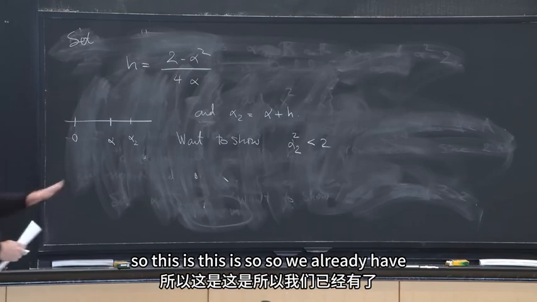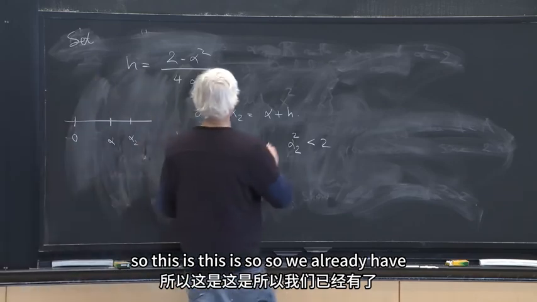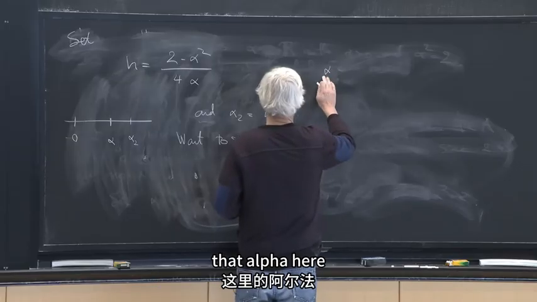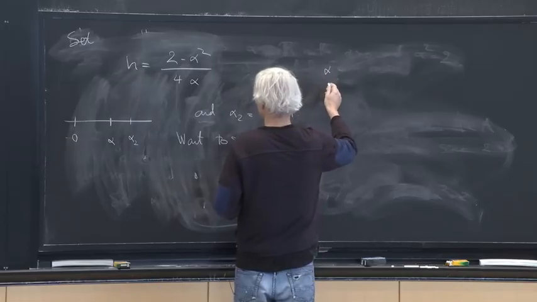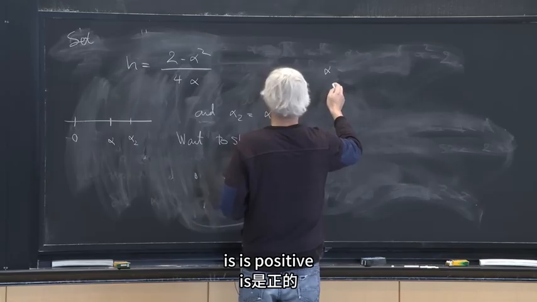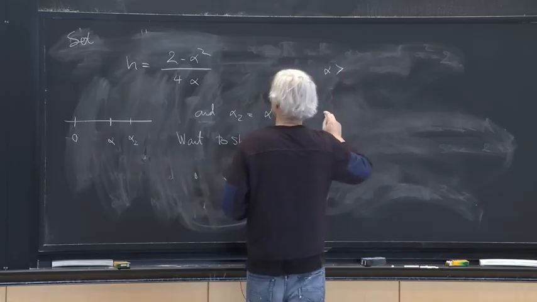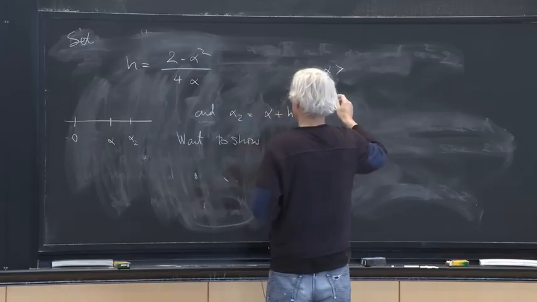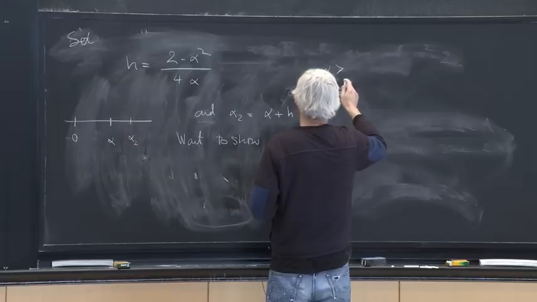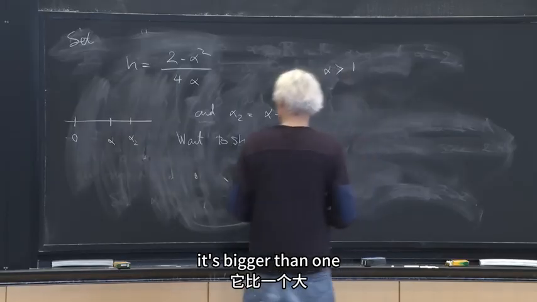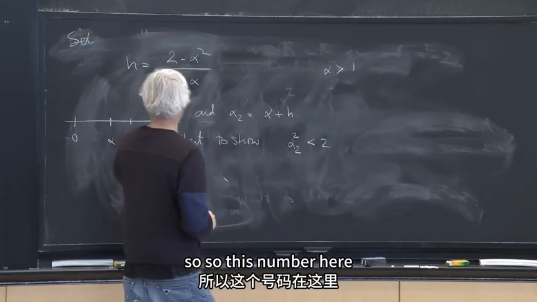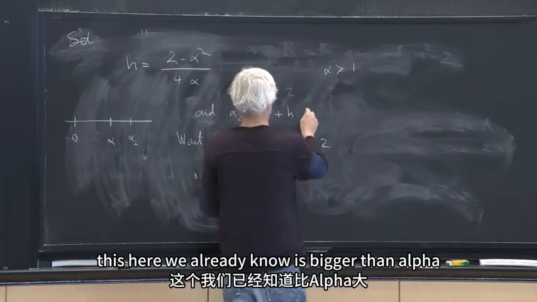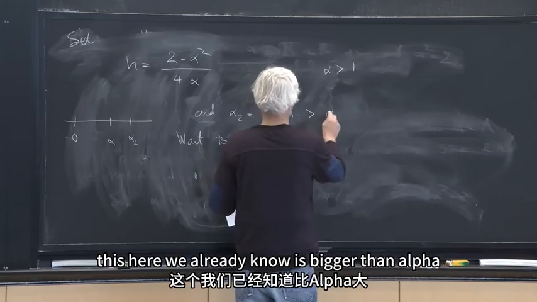So we already have that alpha is positive, it's bigger than 1. So this number here, alpha 2, we already know is bigger than alpha.